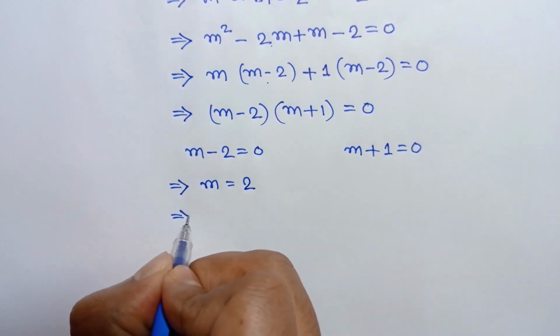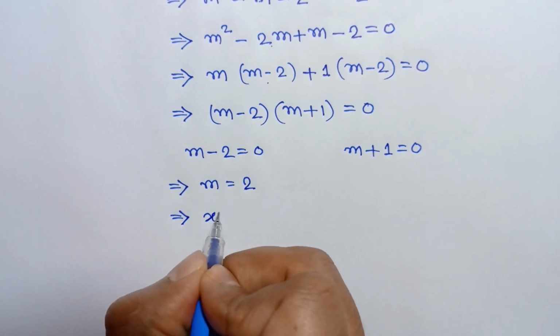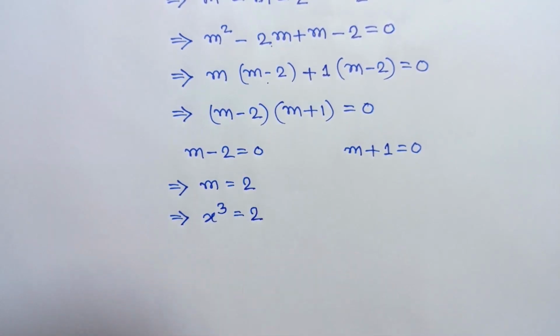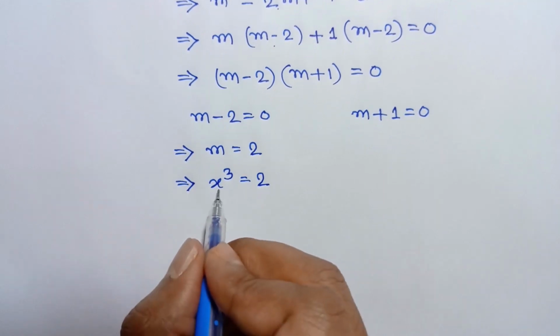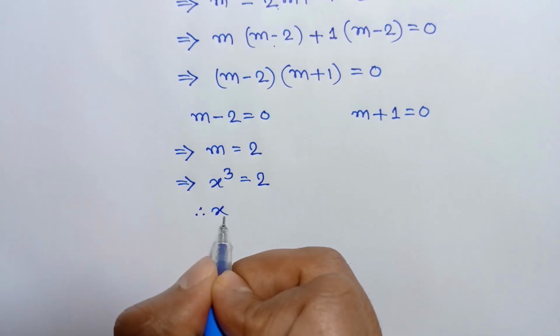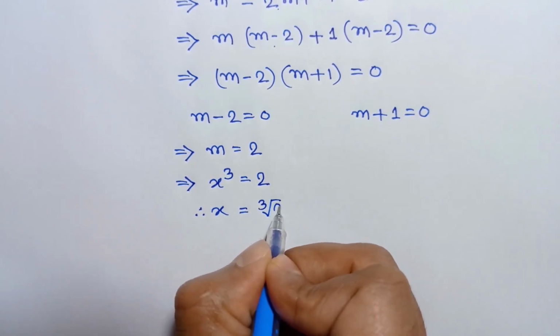Substituting the value of m, x cube is equal to 2. Now taking cube root on both sides we will have x is equal to cube root of 2.